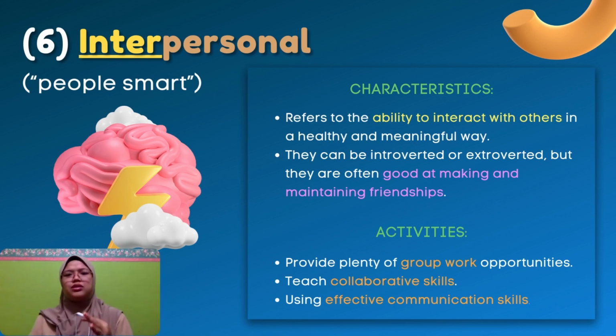They can be introverted or extroverted, but they are often good at making and maintaining friendships. I think we can say that this intelligence is basic in the teaching and learning process, especially in 21st century learning, because we need collaborative work, right?